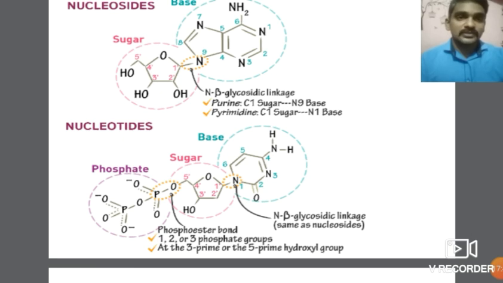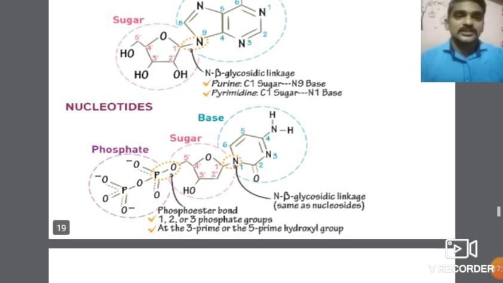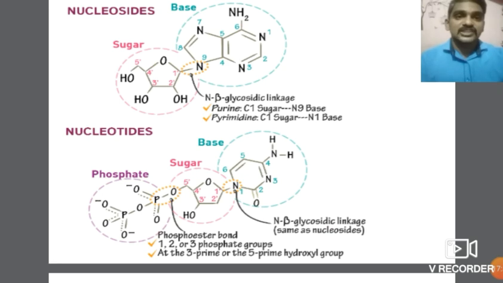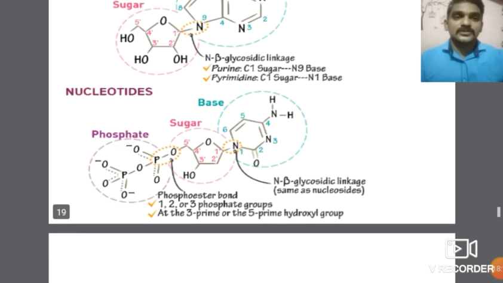These are the two main bonds here. Between the nitrogen bases you will have hydrogen bonds. So these are the three major bonds present in the DNA structure: hydrogen bonds, glycosidic linkage, phosphoester bond. Between the nucleotides we have phosphodiester bonds. So that is the answer.